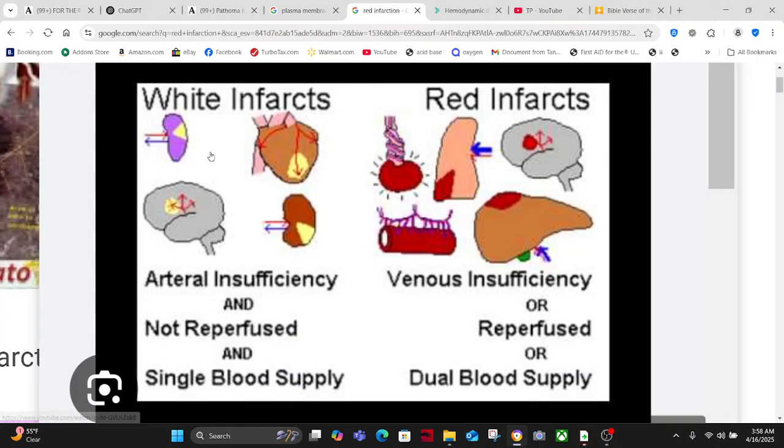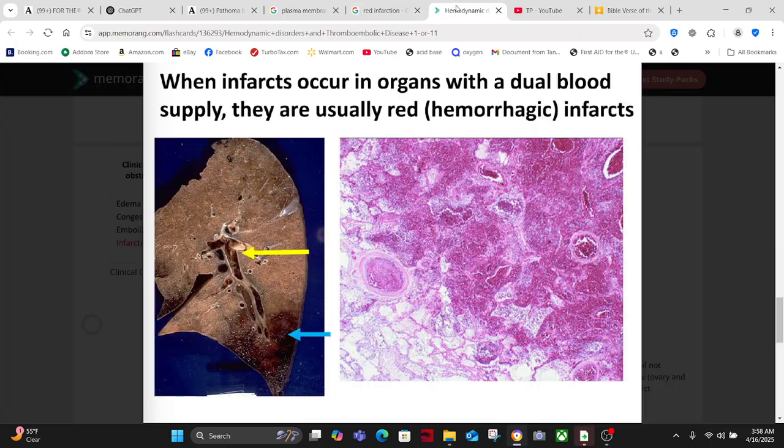So, red infarcts are exactly what they sound like. They're red areas in organs. Basically, this is white, like we just saw in the kidney. This is a white infarct. This is a red infarct. So, if you want to see another picture, it'll be this.